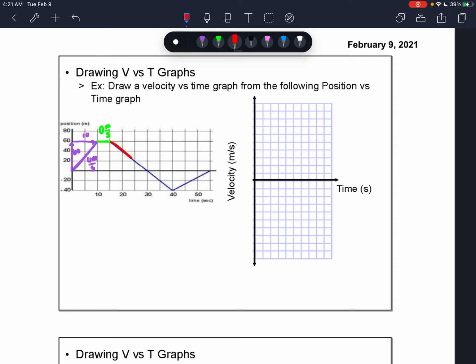For my next segment, it changes quite a bit. My change in position is significant. I go from 60 to negative 40. This is a change of negative 100 meters. And this is all done in a time of, hold on, I can count.